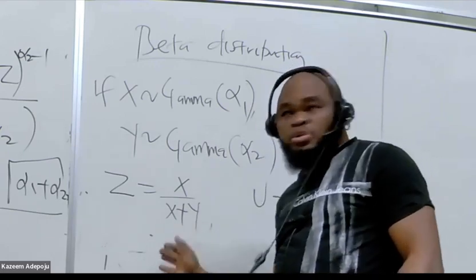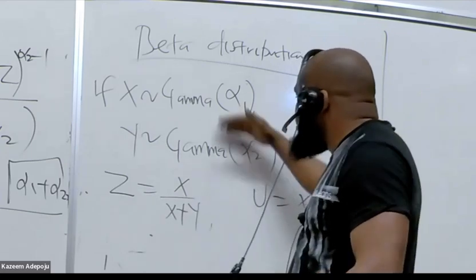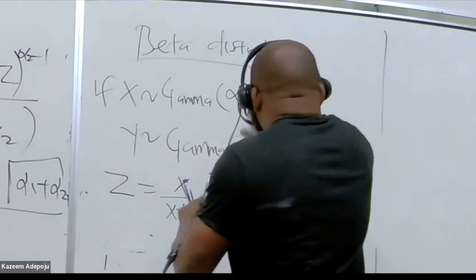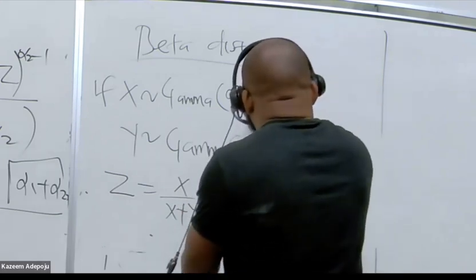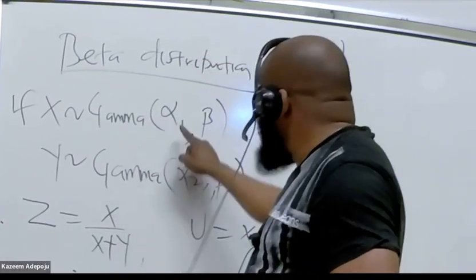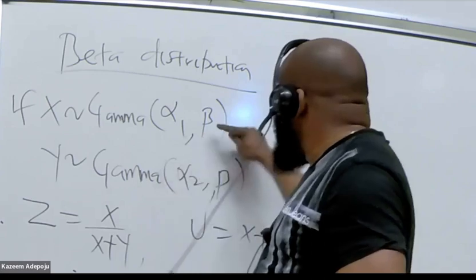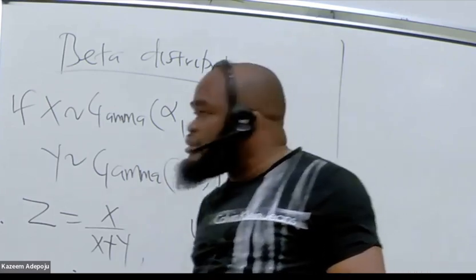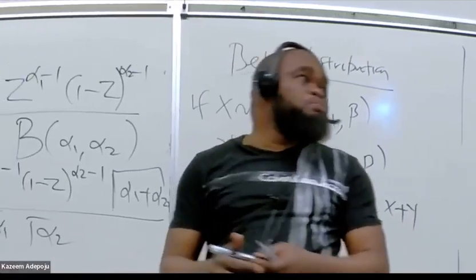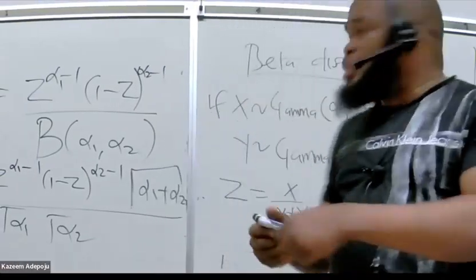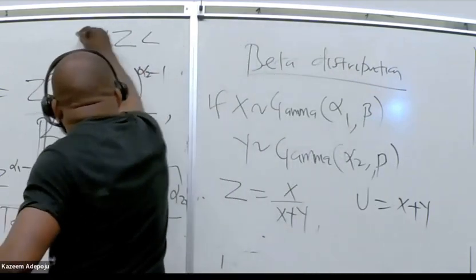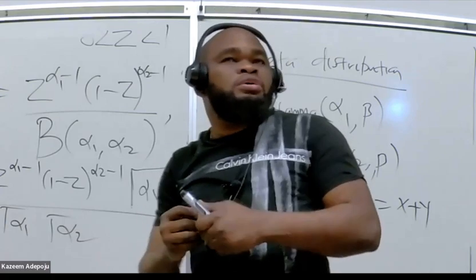So we can go from gamma, where they have different alpha 1, alpha 2, but they have the same beta. This beta distribution is used to model proportions. That's why the range of z will be between 0 and 1.